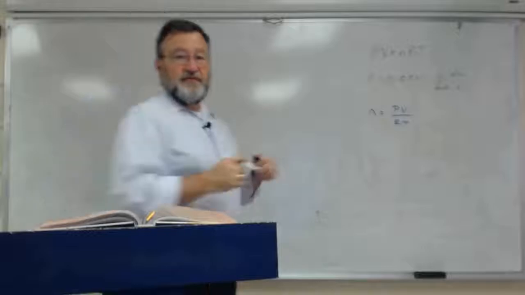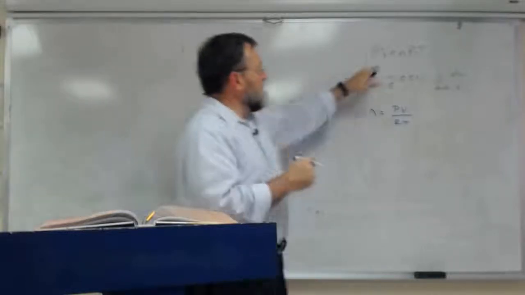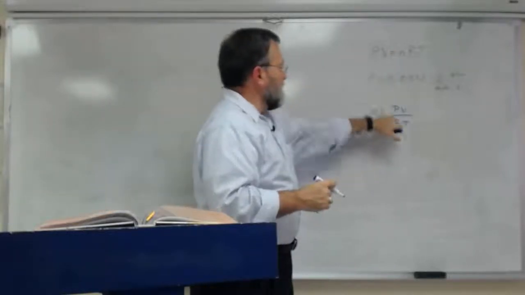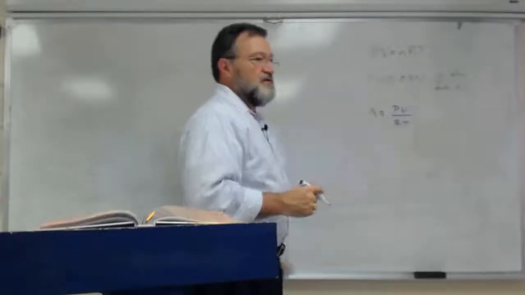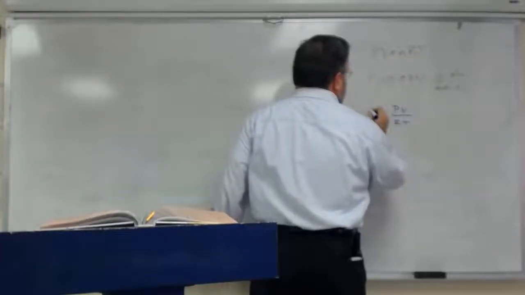Okay, see that? Basic algebra. I'm rearranging the formula to solve for n. n is going to be PV, with RT underneath. PV over RT is going to be my number of moles.